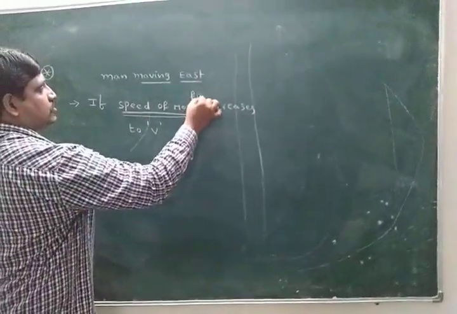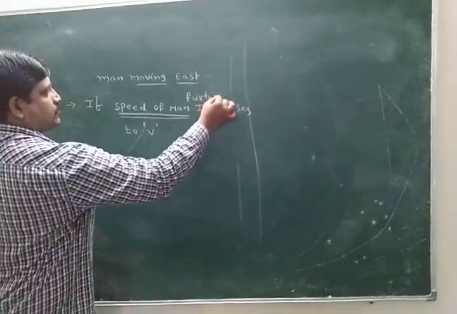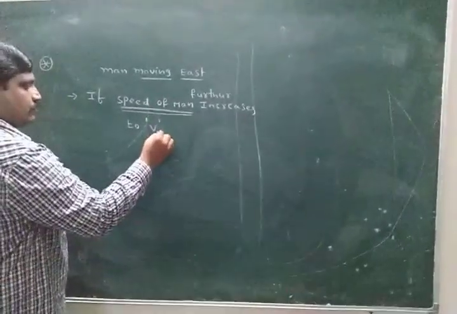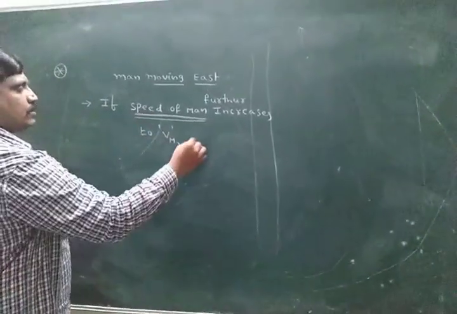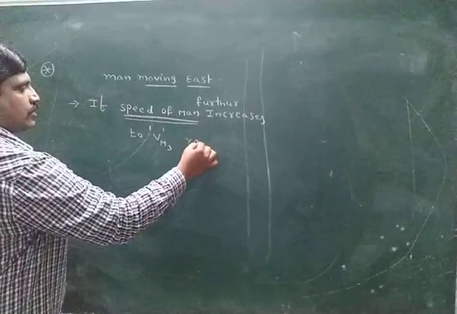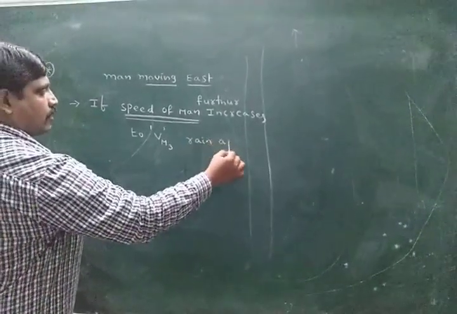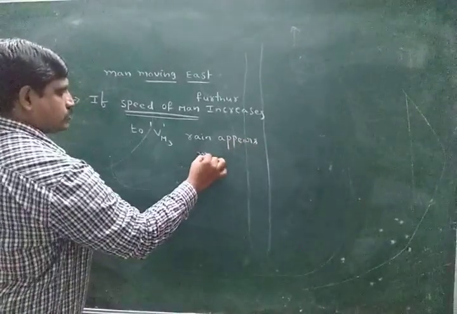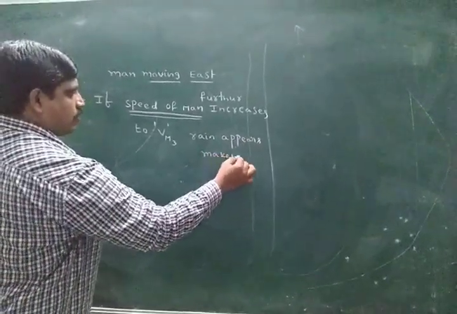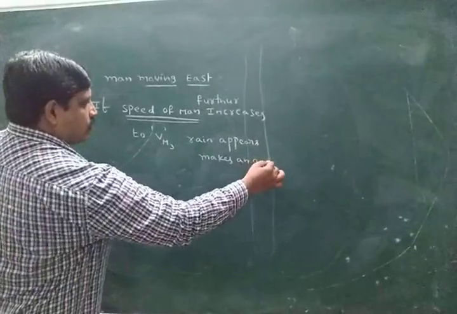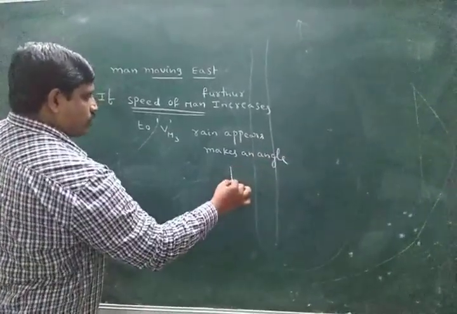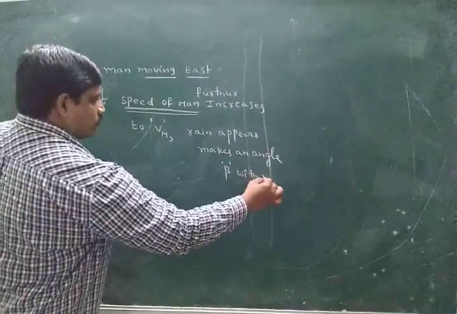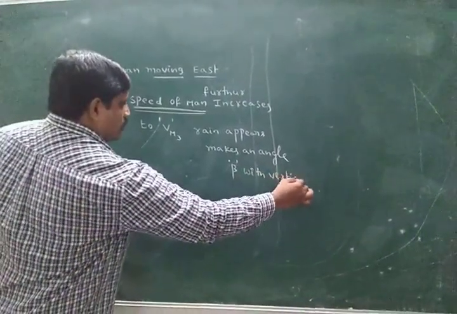In the situation, look here. The speed of the man further increases to Vm3. In this situation, rain appears to make an angle beta with the vertical.